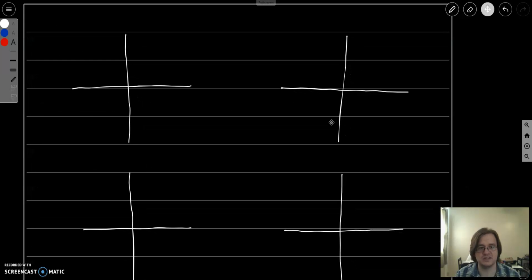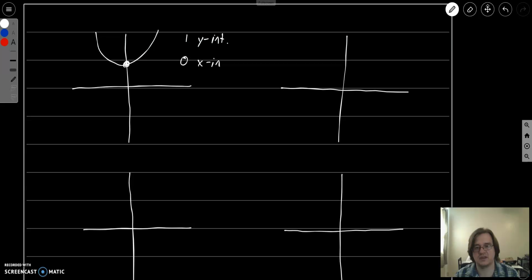There are a few other situations that could happen. So for instance, I could have a line that does something like this. What you'll see is that we do have a y-intercept, but there is no x-intercept. So there is one y-intercept, and there are no x-intercepts in this graph.